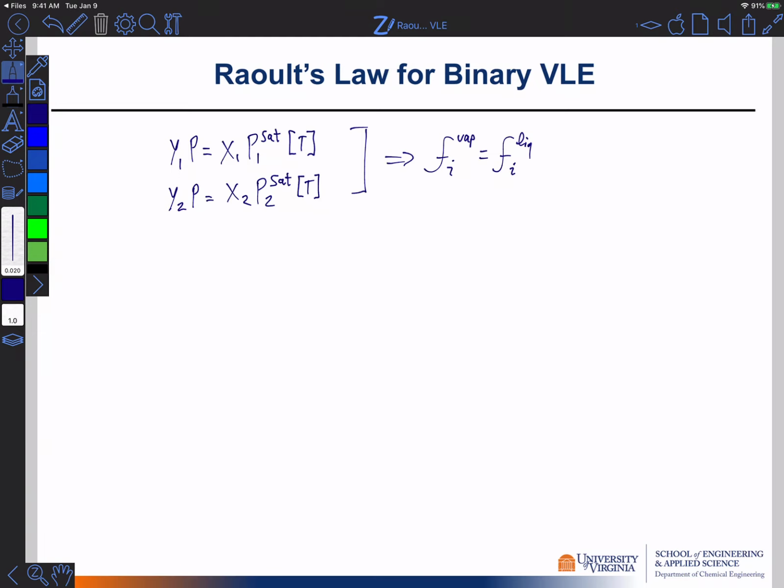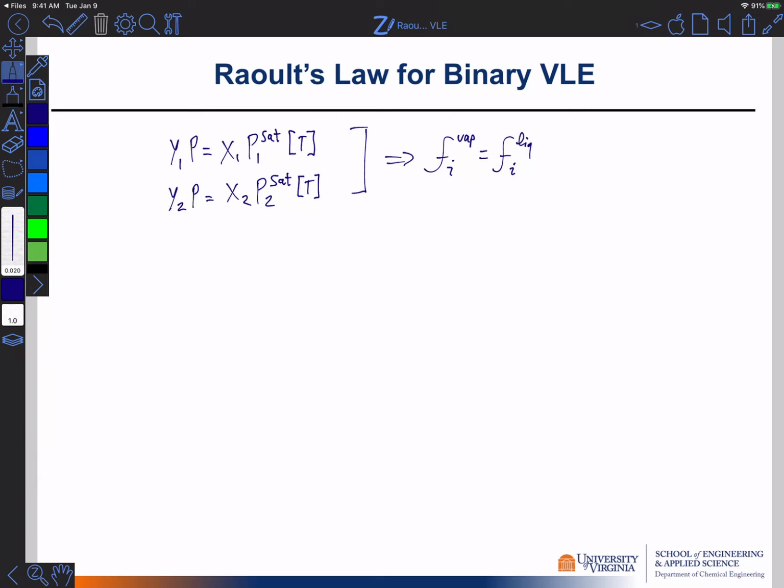All right, so that gives us our fugacity-based equilibrium criterion. We're assuming here that the pressure and temperature of the two phases are equal to one another, so those are satisfied. And so we have two phases here, a vapor and a liquid, and we have two components.